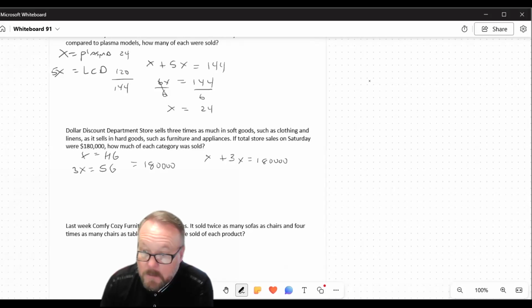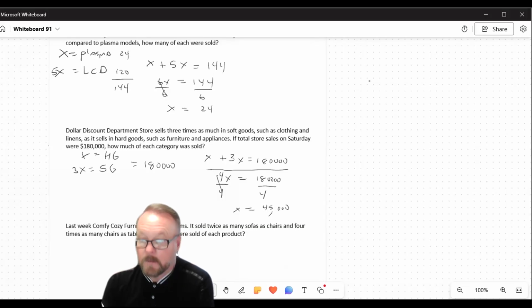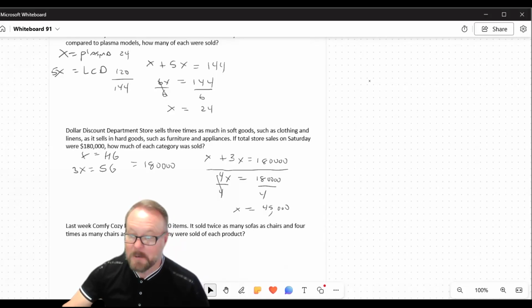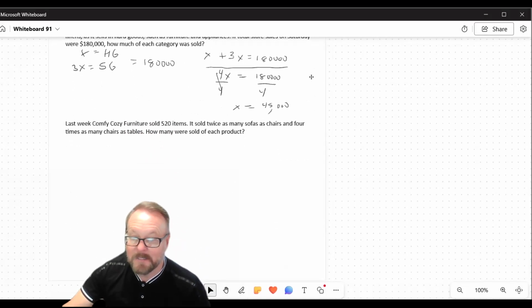Pretty simple. That would be 4x equals 180,000, and we divide both sides by 4. That means x equals 45,000. There's your answer. All right, this next one gets a little more complex, but it's a lot of fun.